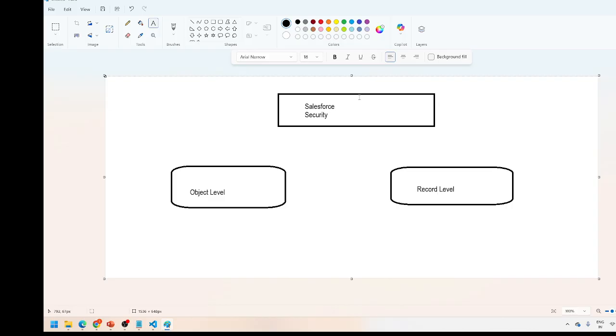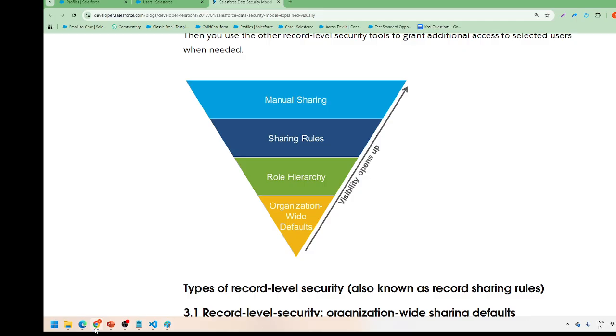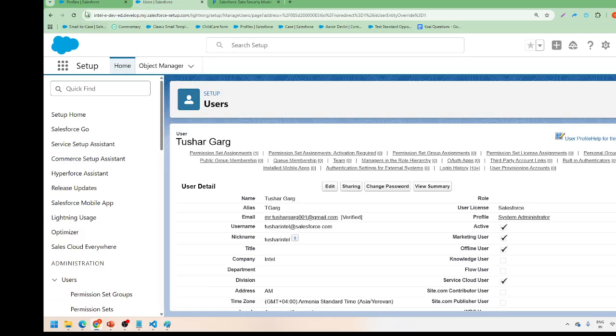Salesforce security has two parts. The first one is object level security and the second one is record level security. Now, what is object level security and what is record level security?